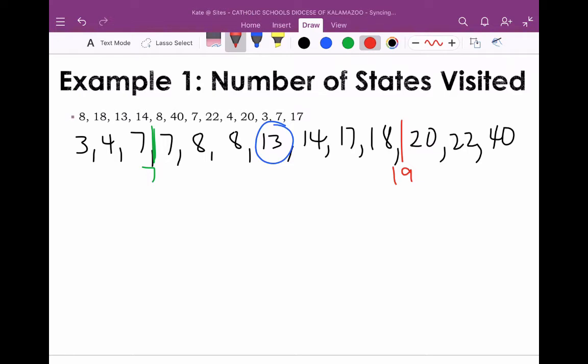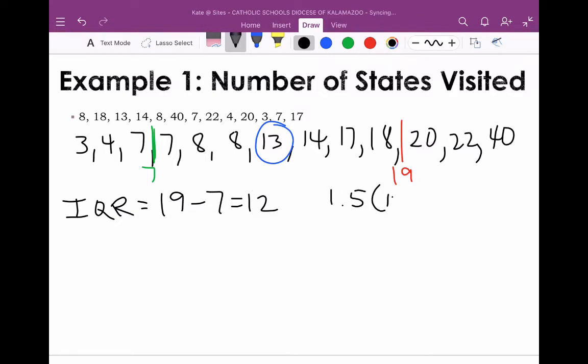Once we have these, I need to calculate my fences to determine if we have any outliers. So I have to calculate my IQR. So my IQR is equal to 19 minus 7, which is 12. Then our fences use 1.5 times our IQR, so I'm going to go ahead and calculate that right away, and that gives me 18.